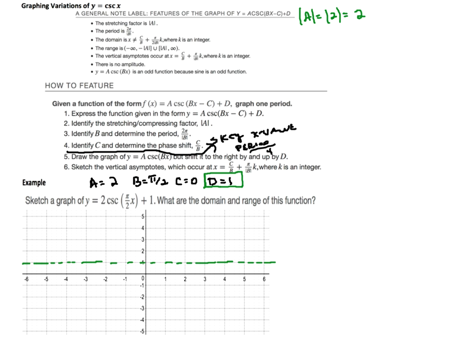Absolute value of A is absolute value of 2, which is 2. So I'm going to give guides 2 above my midline. These are the lines that my sine wave's going to travel through, and 2 below. So up to 3 and down to -1. Okay?